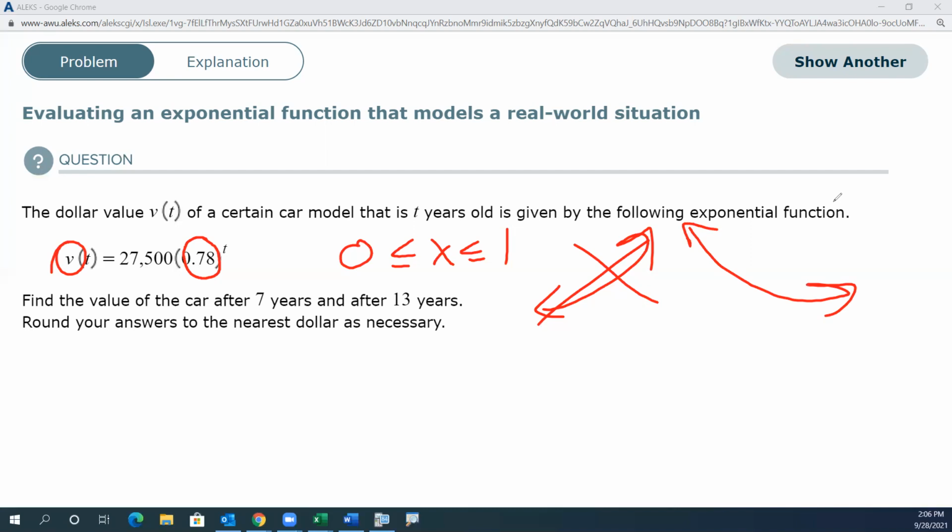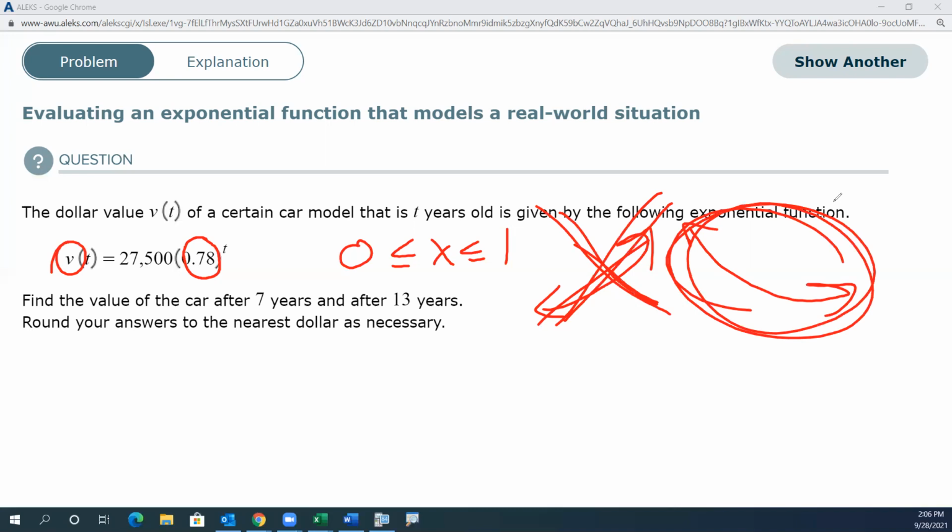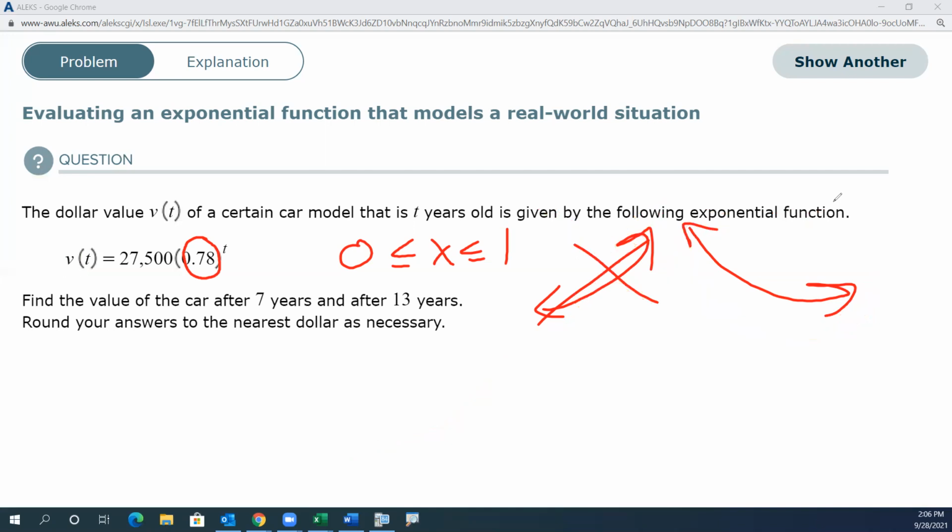That makes sense that we would have a decreasing function instead of an increasing function. If it was increasing, it'd be like, oh yeah, the value just keeps going up as soon as I buy it. I bought it for 27,000, next year I'll sell it for 40,000. That doesn't make any sense. Okay. All righty. What else we got here?